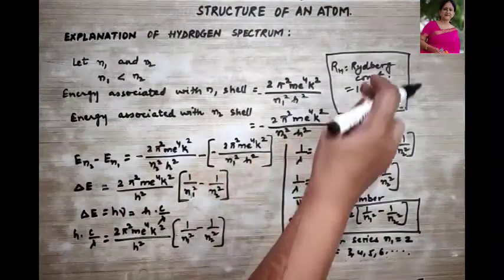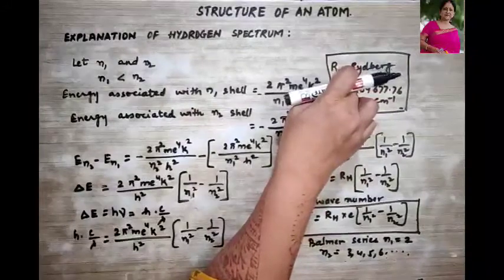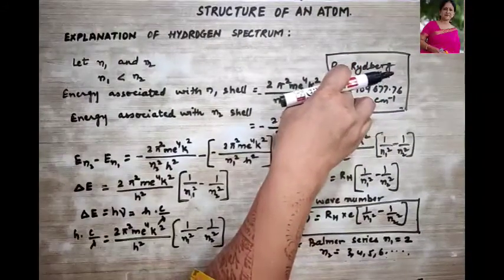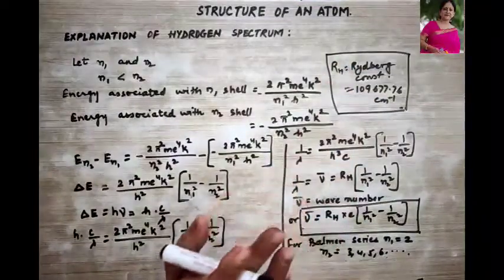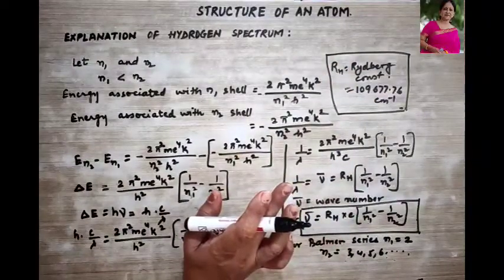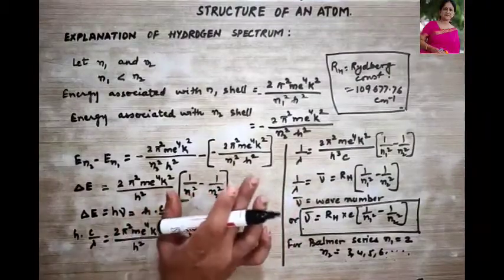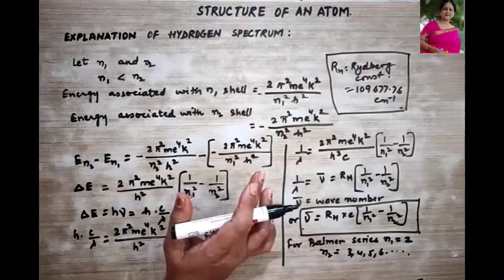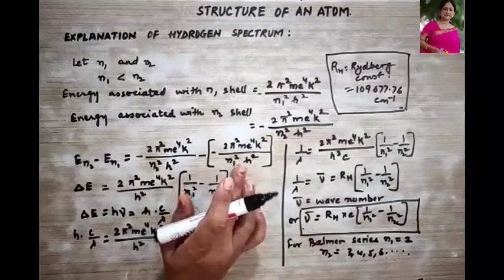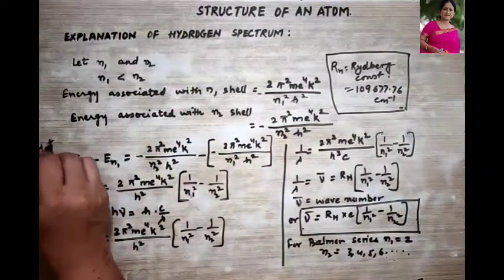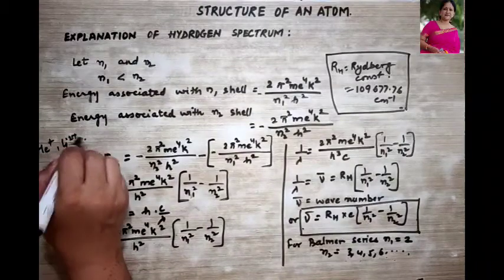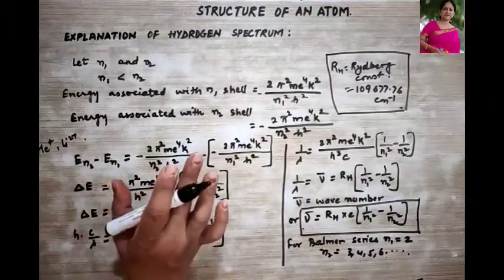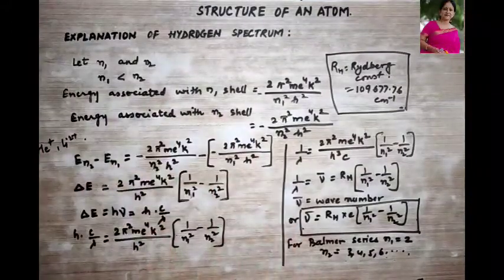Even the value of the Rydberg constant for hydrogen, which was calculated by Bohr's equation, tallies with the experimentally derived value. And the emission and absorption spectra of hydrogen, and all species which have one electron, that is helium ion or lithium ion, can be explained with the help of Bohr's theory. So this was all your Bohr's theory.